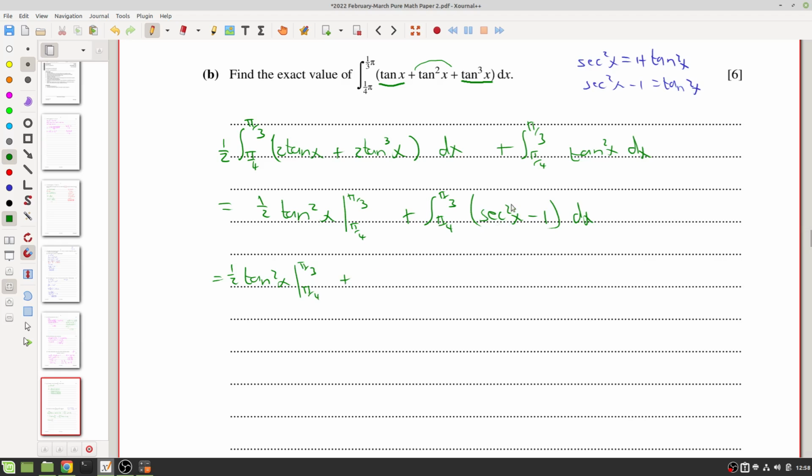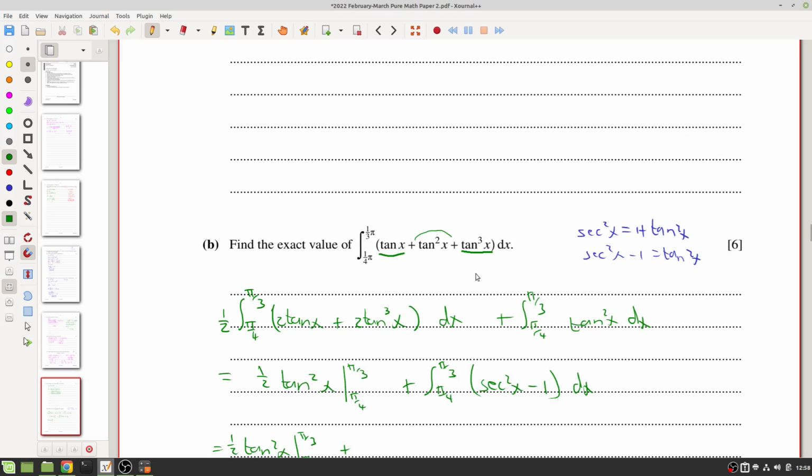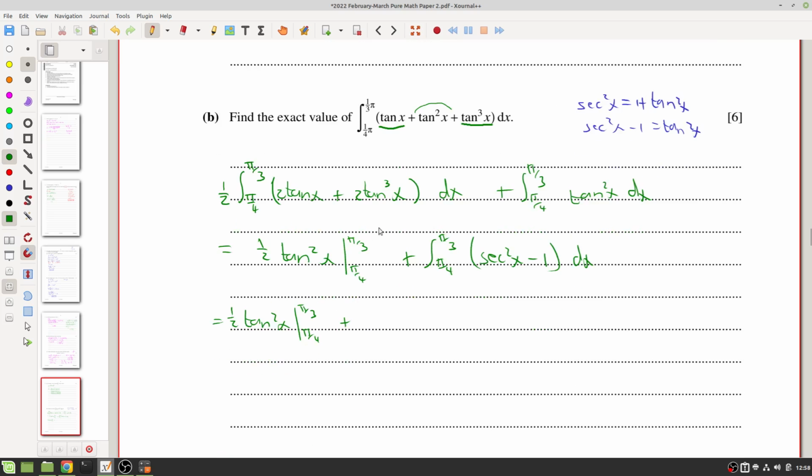We know differentiating tan x gives us sec squared x, so sec squared x being integrated gives us back tan x. So plus tan x, and then integrating 1 gives us x.